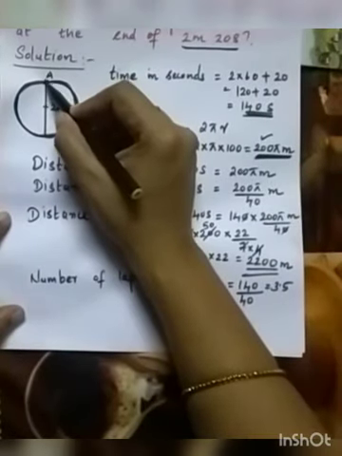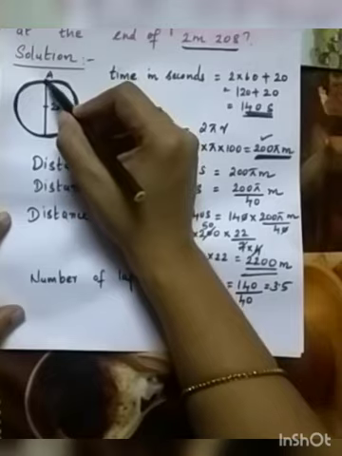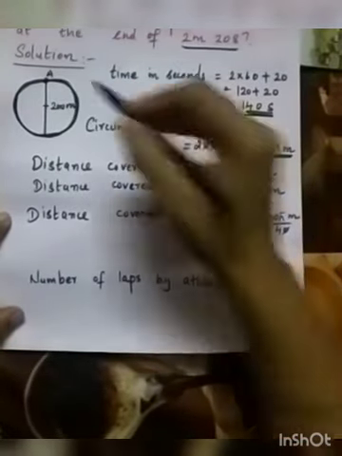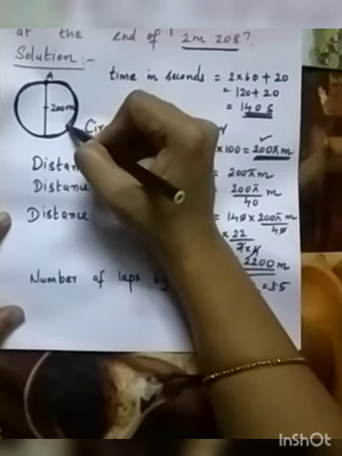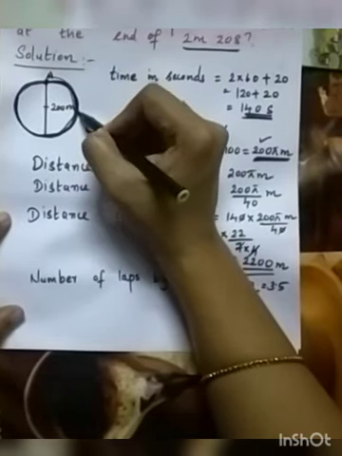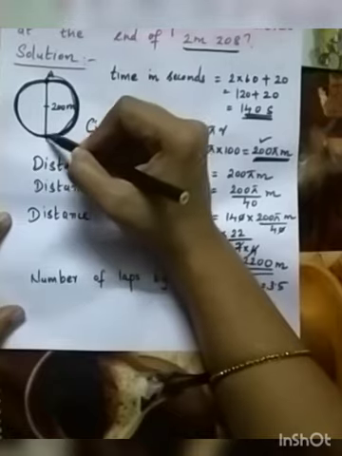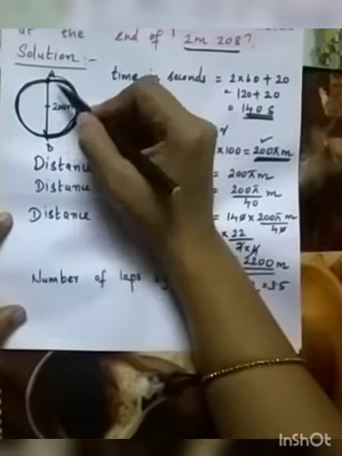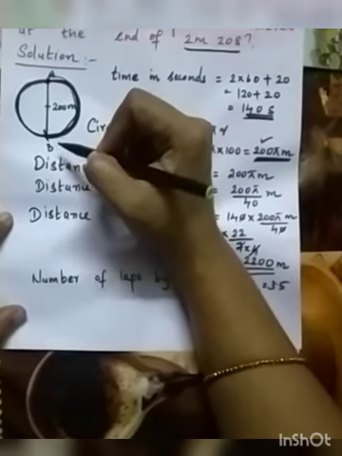So after the third round, the athlete is at this point A, and after half a round, where will the athlete be? This is half a round, right? So after half a round, the athlete will be here at this point. So after 3.5 rounds, the athlete will be at the point B.